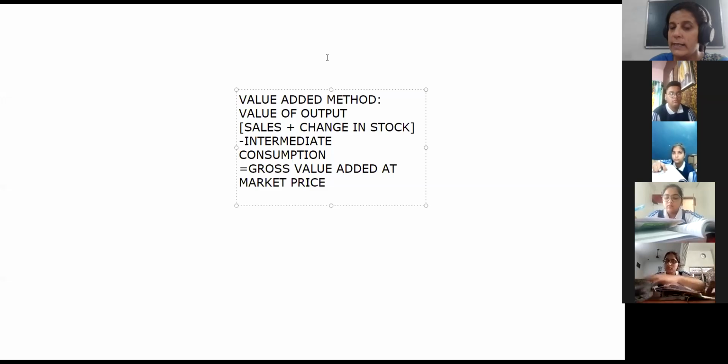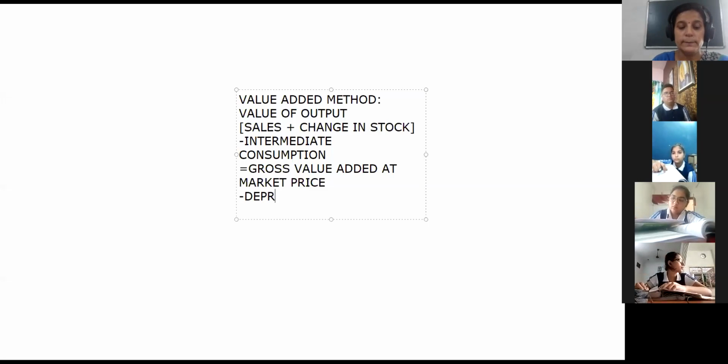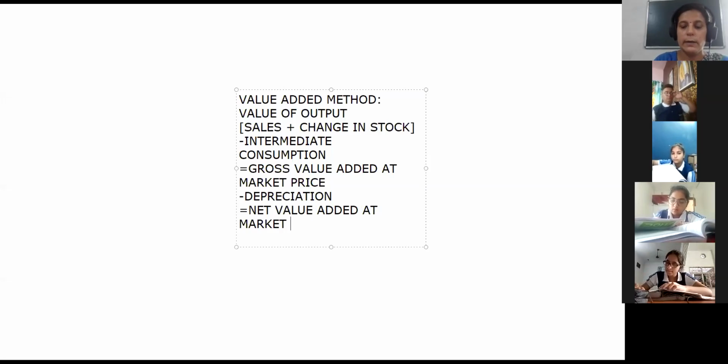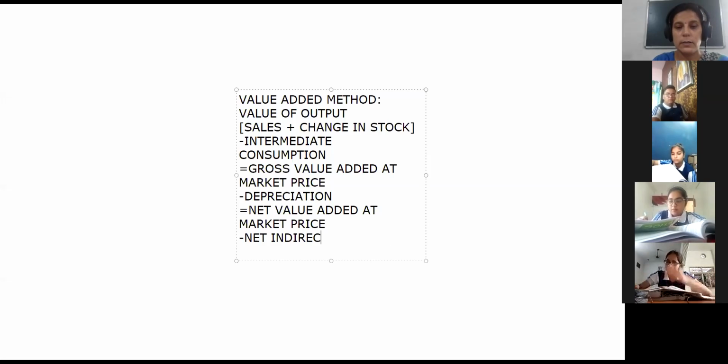Now the main component is this gross value added at market price. From this gross value added at market price, we will subtract depreciation, and then we will get net value added at market price. Okay, after subtracting depreciation, we get the net value, and after this we will subtract net indirect tax, which sometimes is not given.